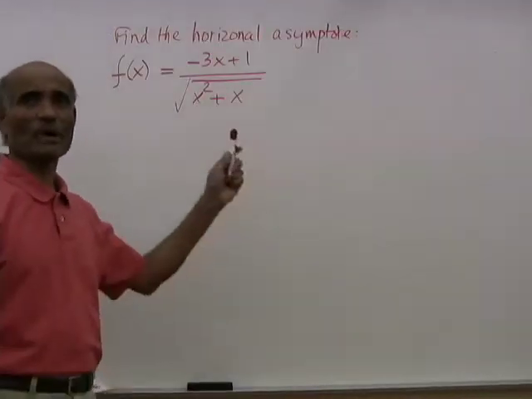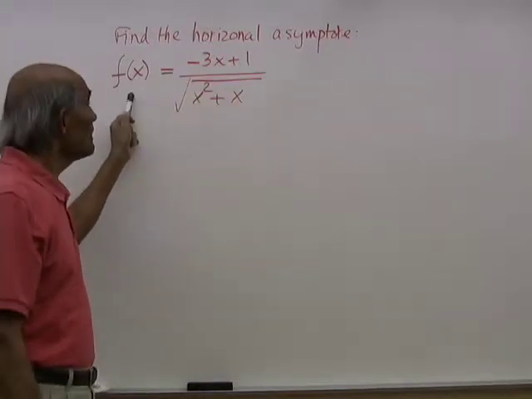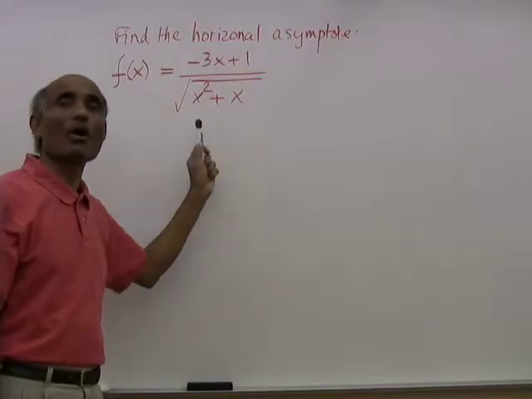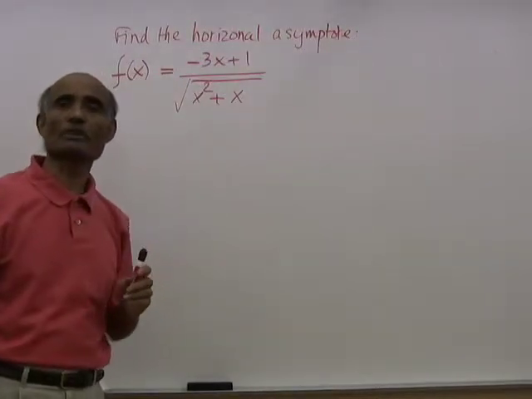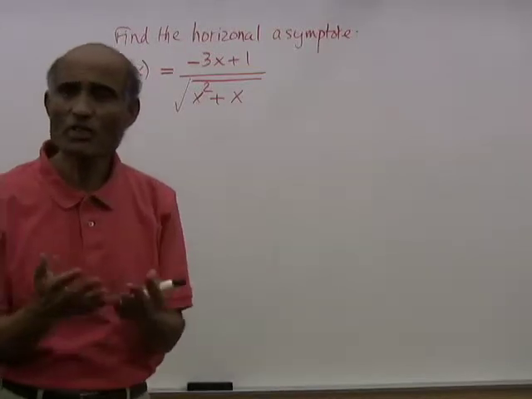Let's now try this one. Find the horizontal asymptote of f of x equal to negative 3x plus 1 all over square root of x squared plus 1. Now again, what is a horizontal asymptote?